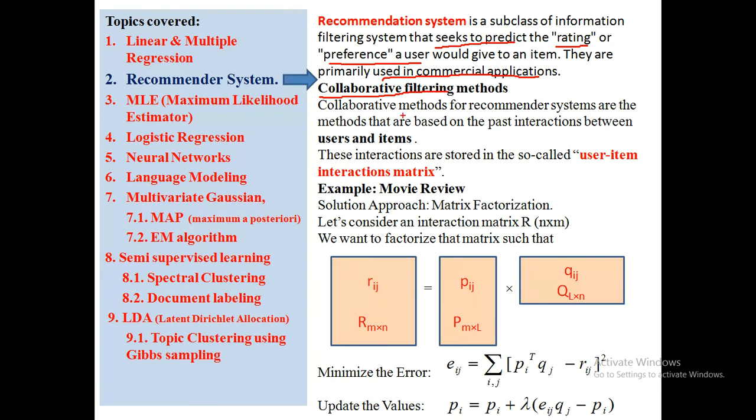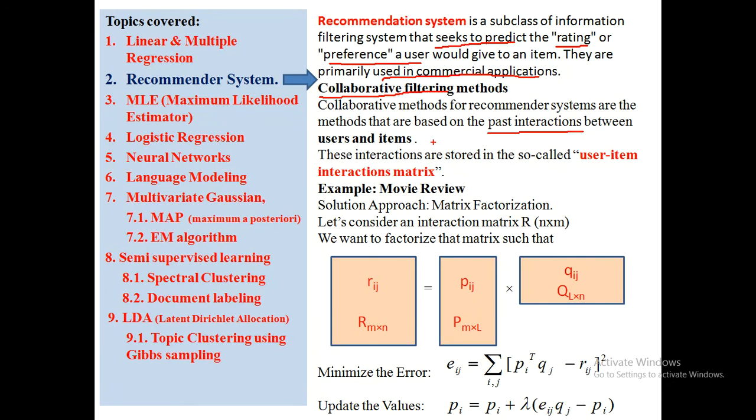The collaborative method is mainly based on the past interaction of users and items. The features or characteristics of user and item may not be given, but only the review in terms of like or dislike corresponding to the item is given.